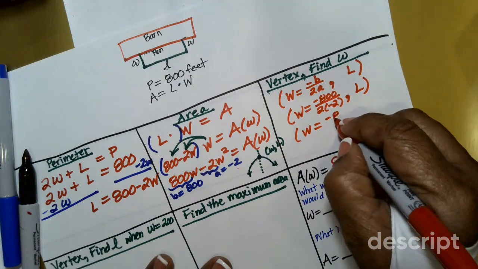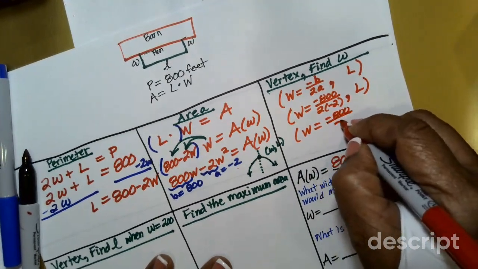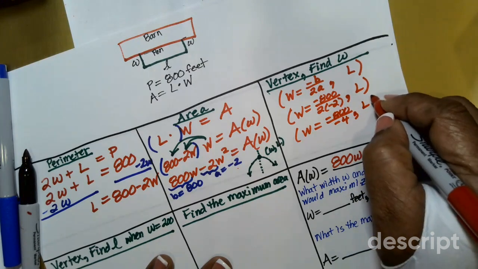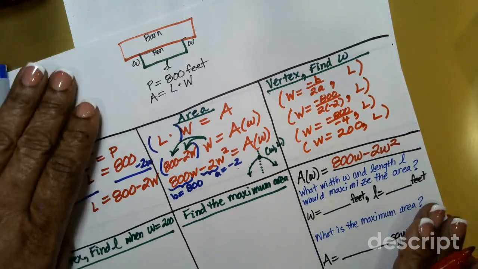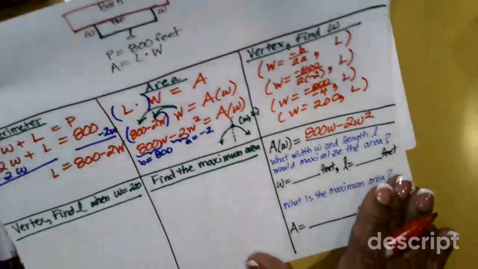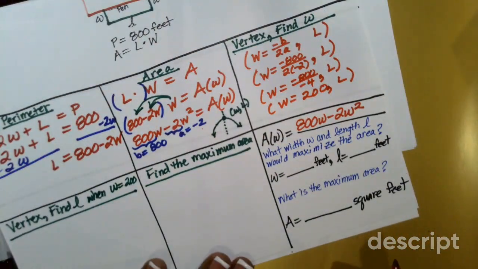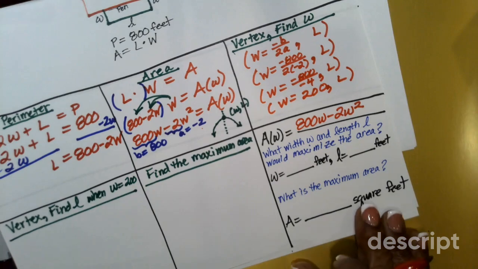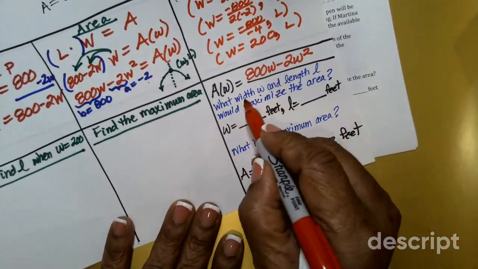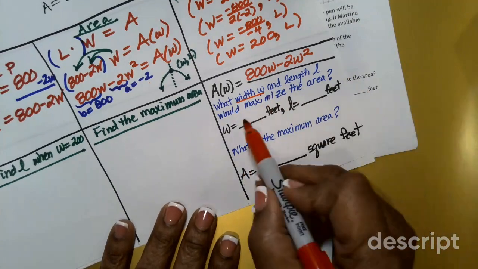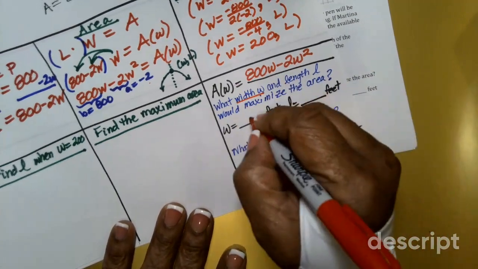Negative 800 divided by negative 4 gives us 200. Since this W, this width, is the vertex of this parabola, that is the width that's going to give us the maximum area. So we can go ahead and answer this question: what width would maximize the area?